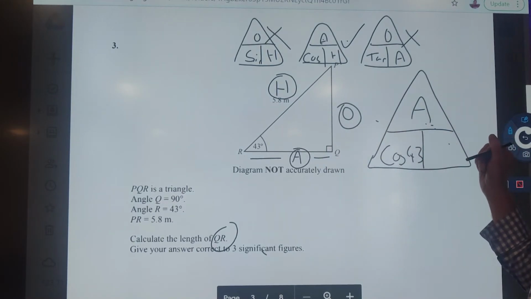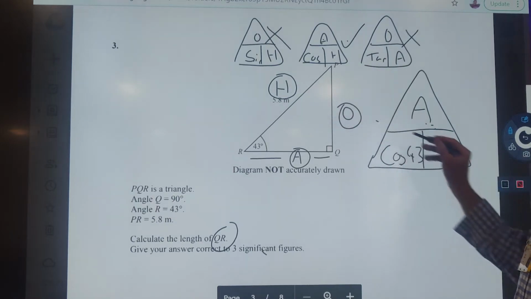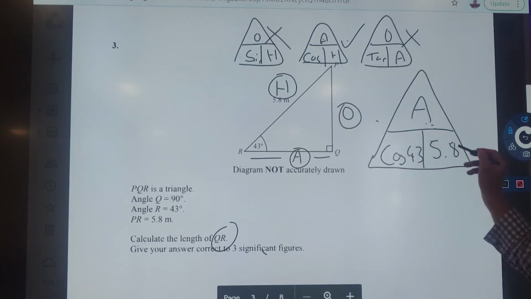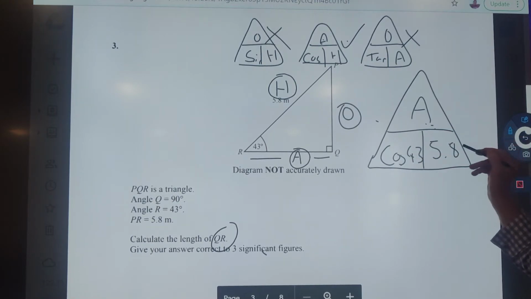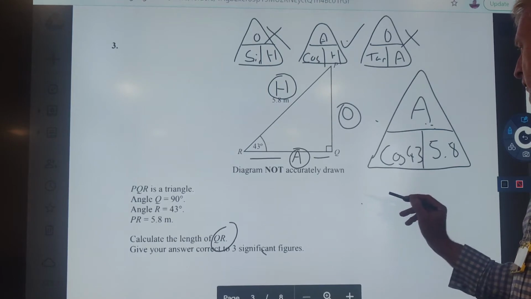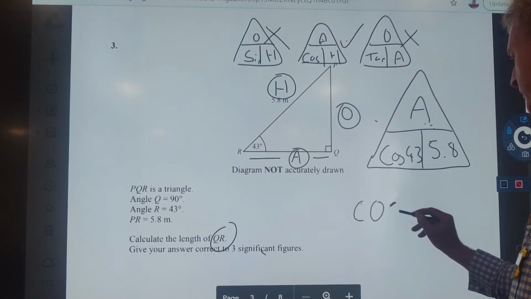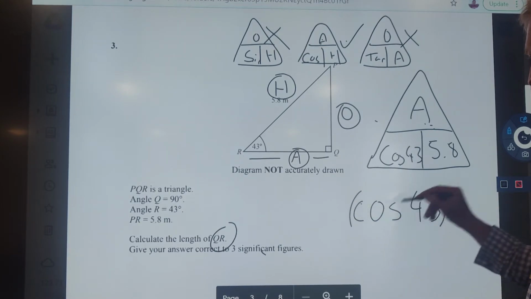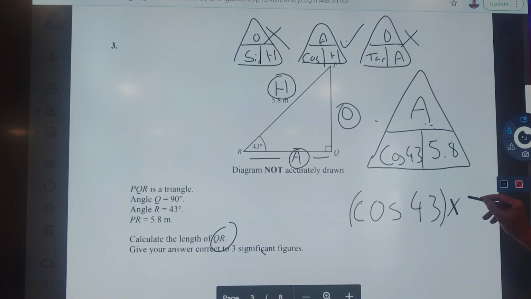My hypotenuse is 5.8, and I can fill that in the bottom right hand corner. That's telling me I'm going to have to multiply these 2 numbers together to find the missing side. So what I'm putting in my calculator is the cos of 43, in brackets, multiplied by 5.8.